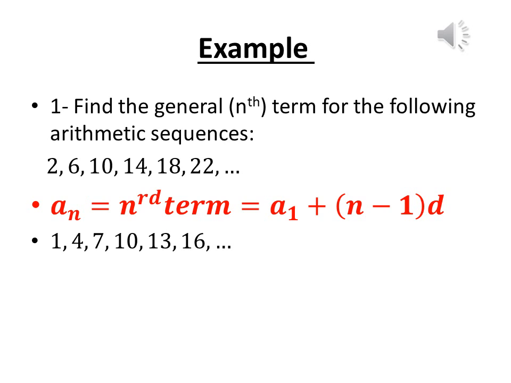Why? Because a(n+1) equals a(n) plus d. d here is equal to 4. What is the nth term? We know the rule exactly.